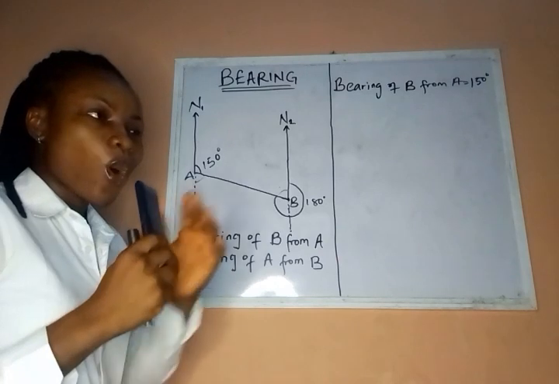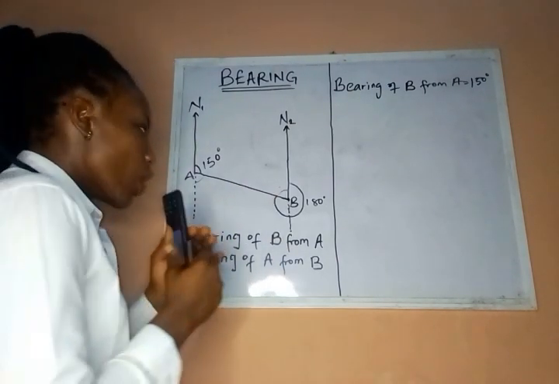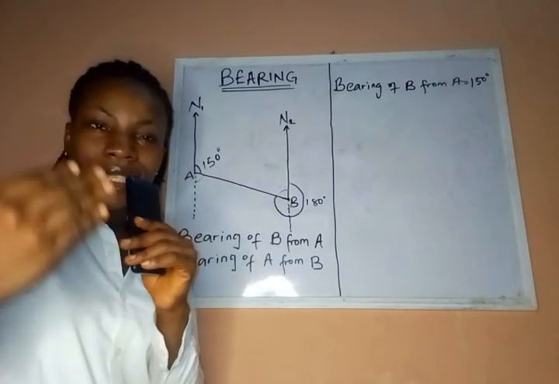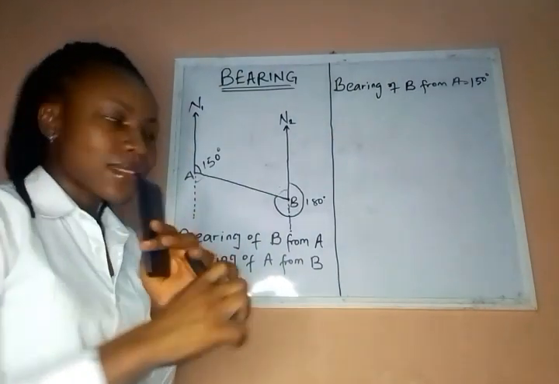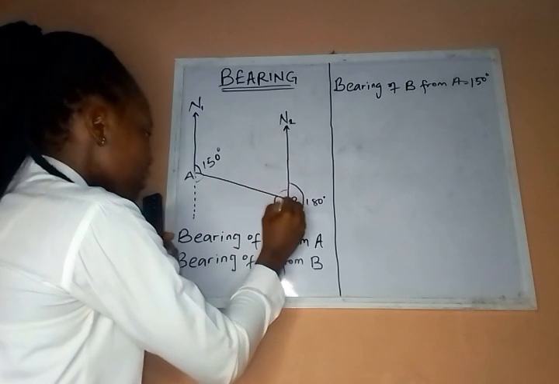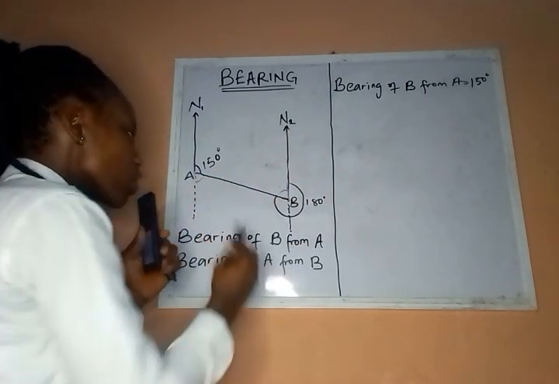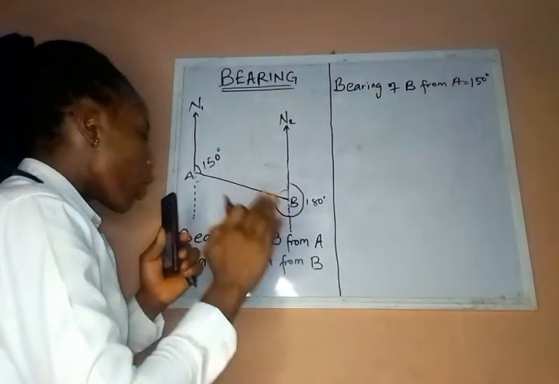Reason: alternating angles are equal. And how do you know angles that are alternating? It forms a zigzag. If you watch here, there's a Z here. Once you are able to trace Z, just know that the angles here and here are equal, alternating.